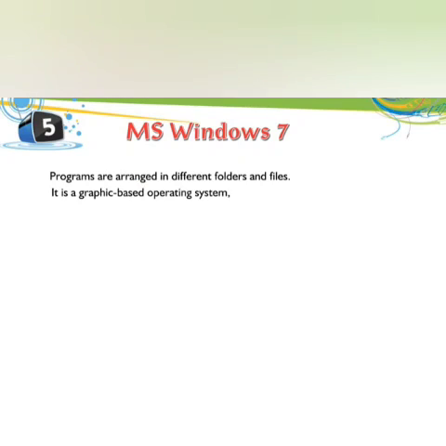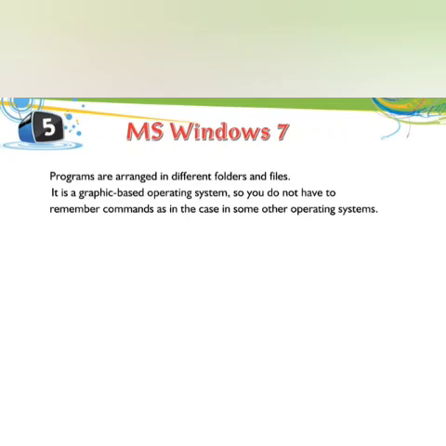It is a graphic-based operating system, so you do not have to remember commands as is the case in some other operating systems. It has icons which help you to do different things quickly. It is very easy to use.